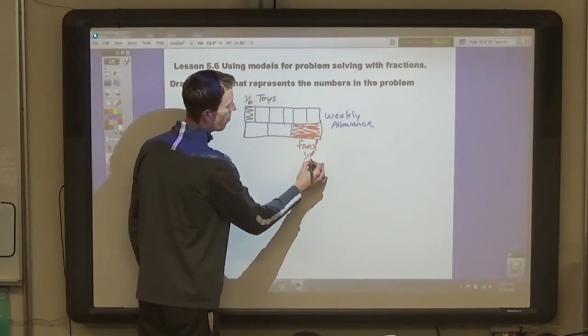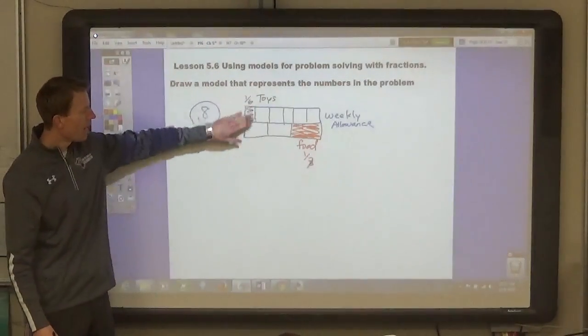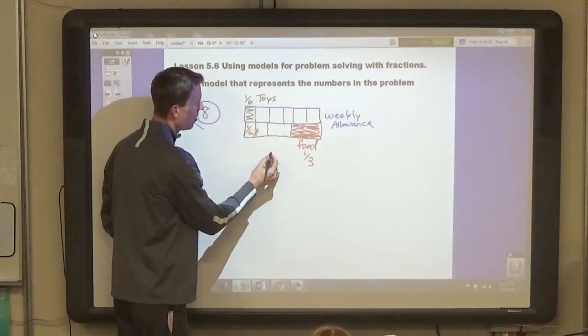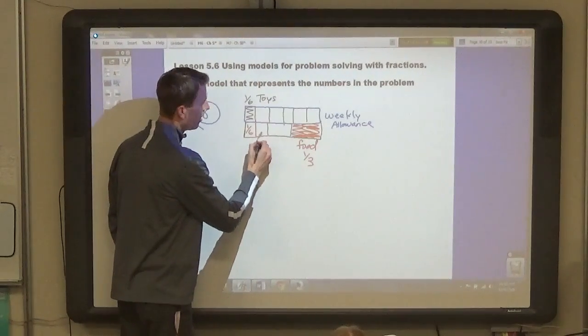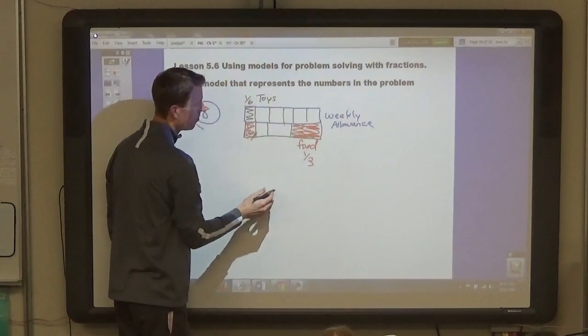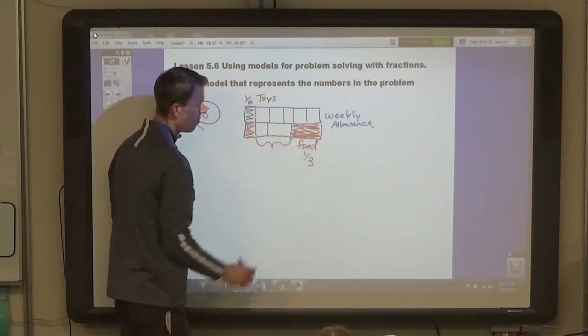And that was 1/3 of her allowance, right? So if we combine these two, we have 1/6 and 1/3. This has been used up, and that's been used up, and we're trying to find what is remaining.